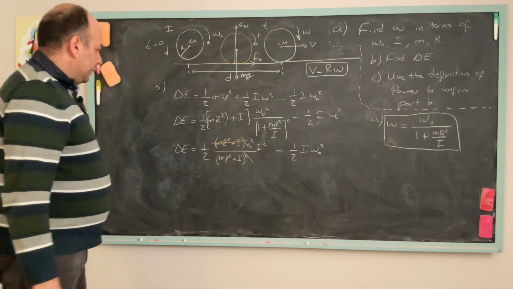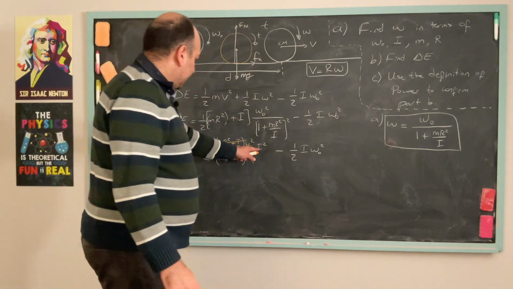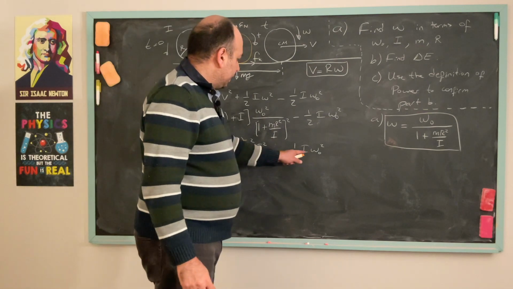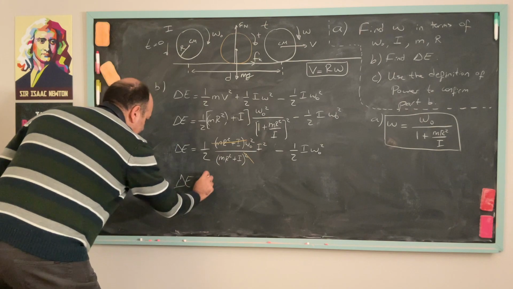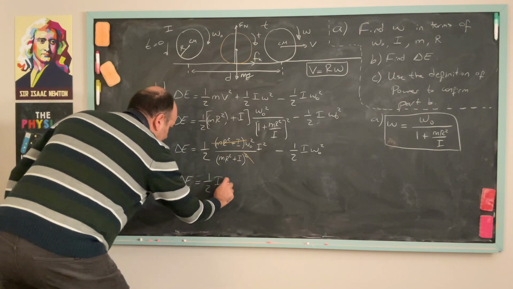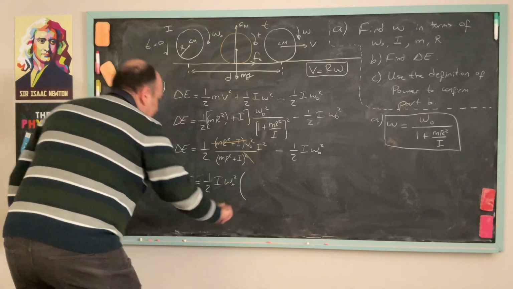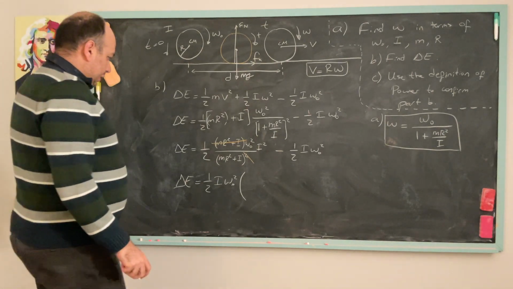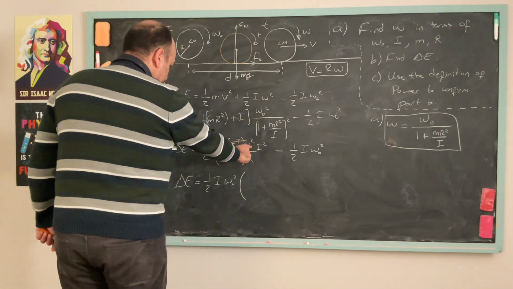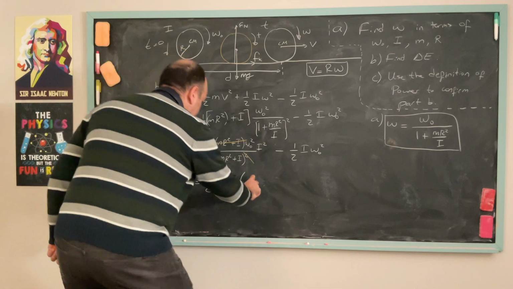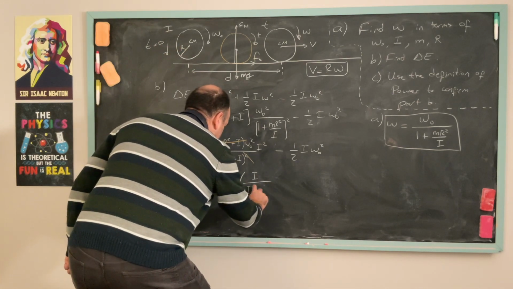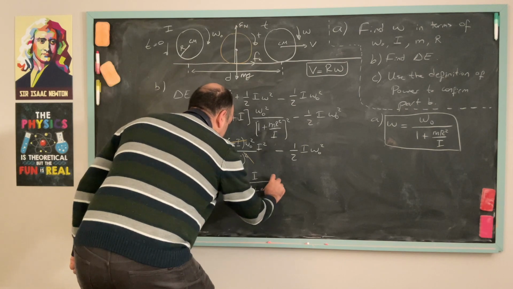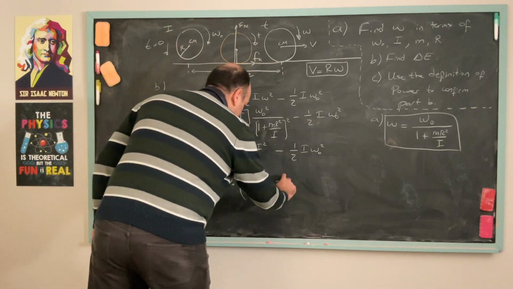Then I have 1/2 I omega naught square, and I have 1/2 I omega naught square. So delta E is going to be equal to 1/2 I omega naught square parentheses, I over I plus mR square minus 1.